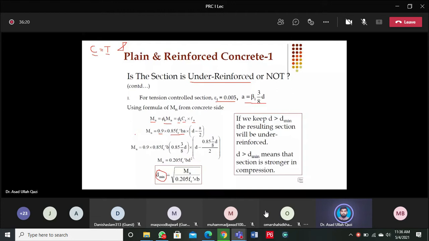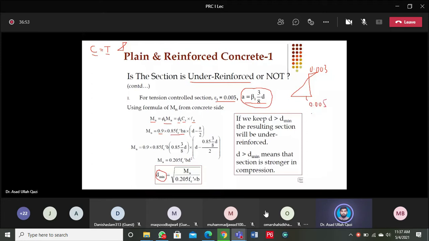For now I am putting that typical uniform stress block depth in a, which will ensure crushing in concrete corresponding to 0.005 ductile behavior.